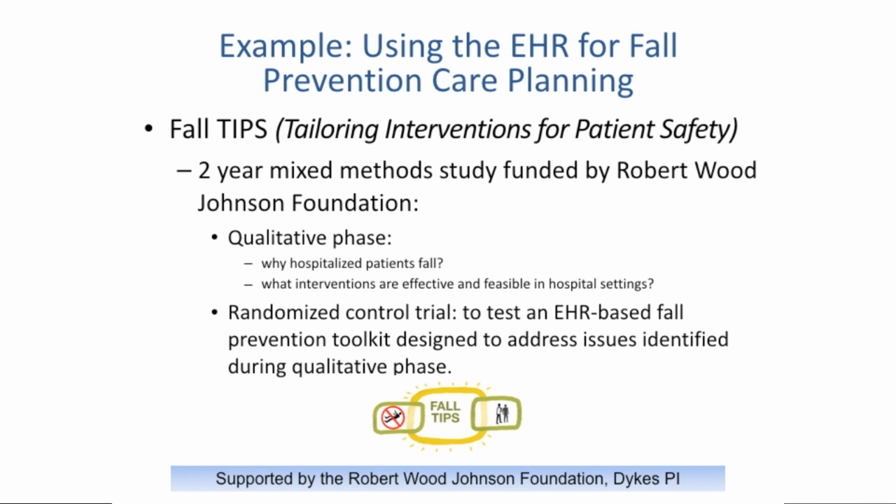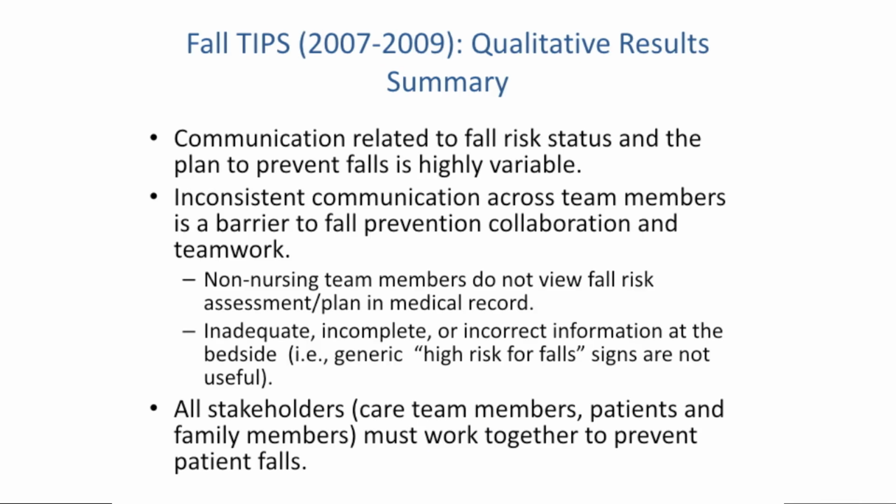And so the results from the qualitative phase, here we found that falls are really a communication problem, that nurses routinely conduct fall risk assessments. They do this when patients are admitted and every shift. What is variable is the communication related to the results of that assessment and the care plan that the nurse develops.